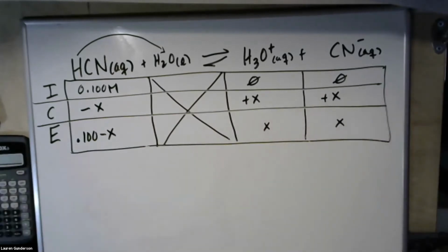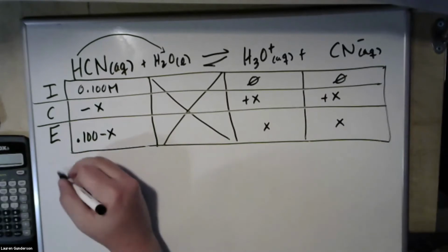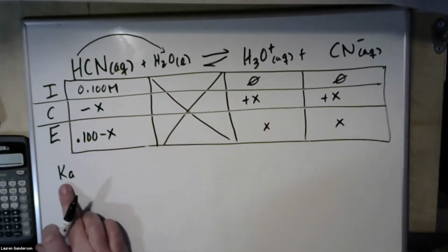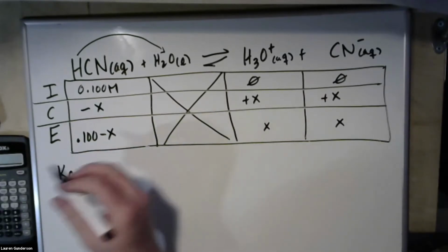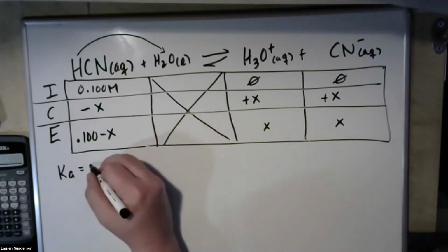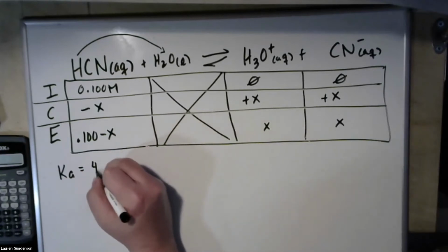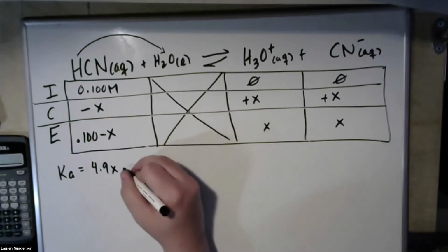Okay. So now we are going to use our Ka value that we were given, which was 4.9 times 10 to the negative 10.